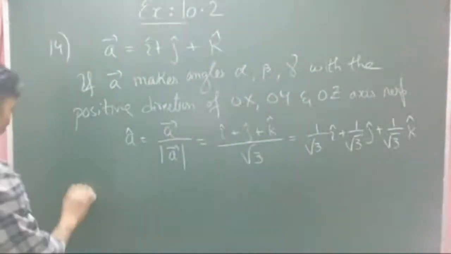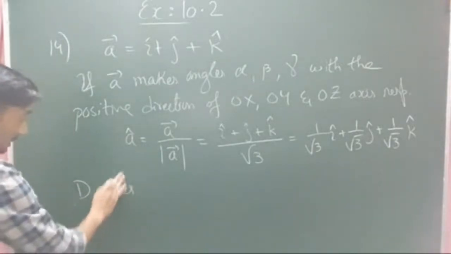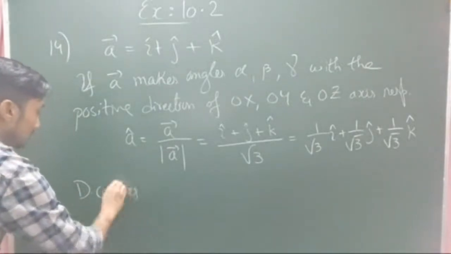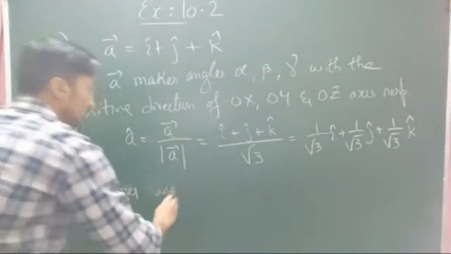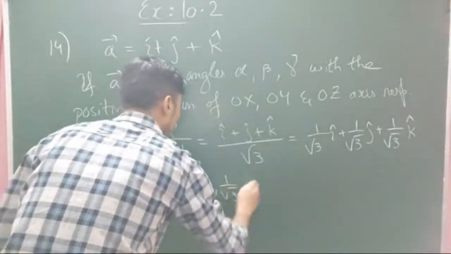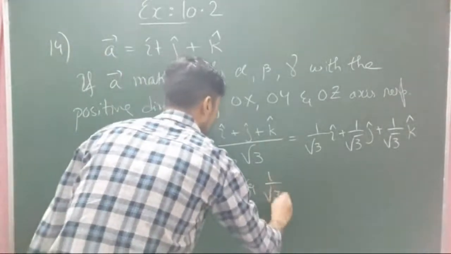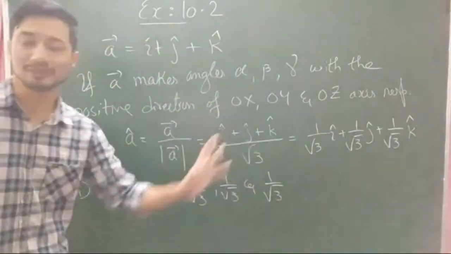So from here what we get is the direction cosines. Direction cosines are 1 by root 3, 1 by root 3 and 1 by square root of 3. Different styles of mentioning root 3.